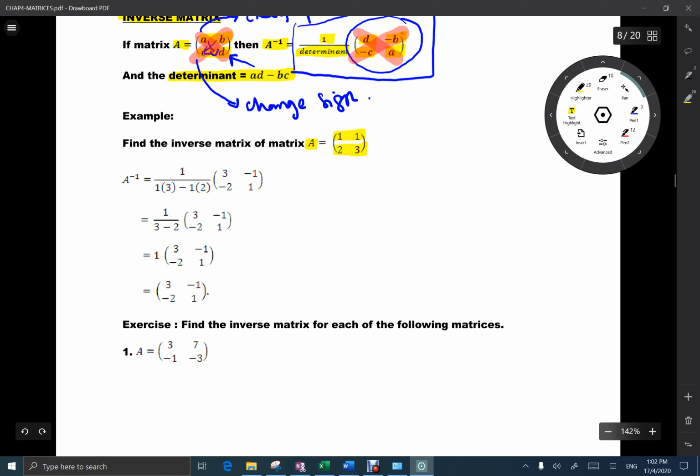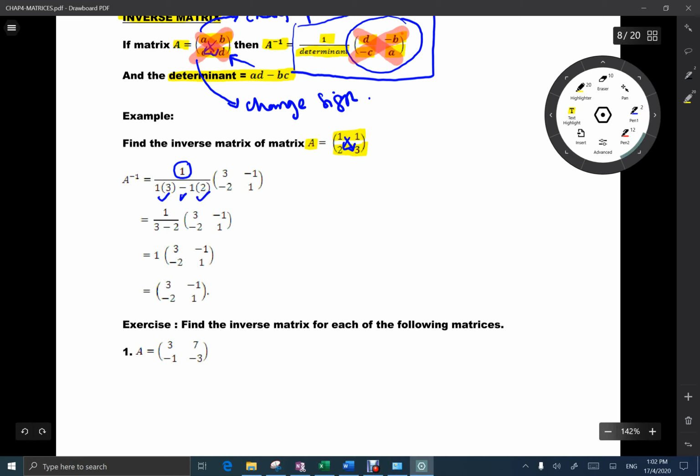So, determinant, the formula is AD minus BC. Okay, so it's 1 over AD minus BC. So, AD is 1 times 3. So, minus BC, 1 times 2.